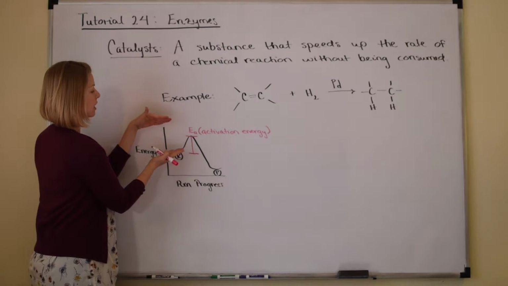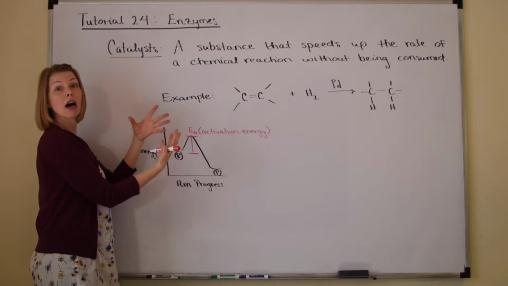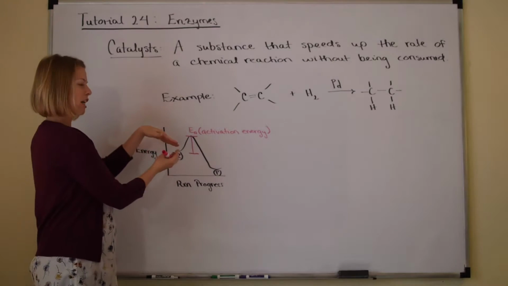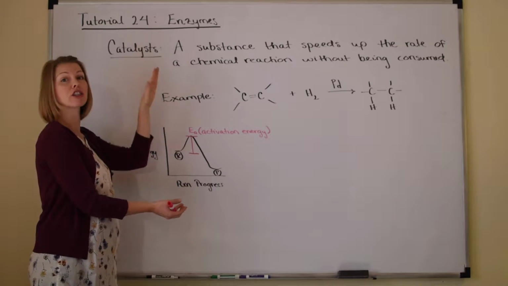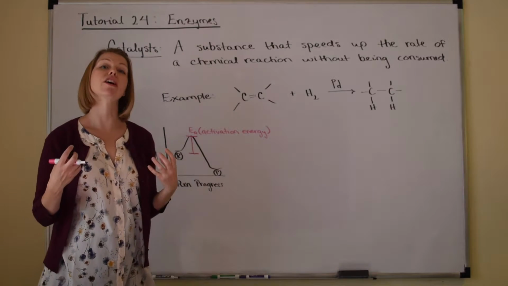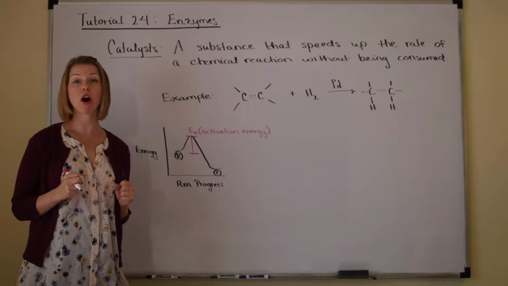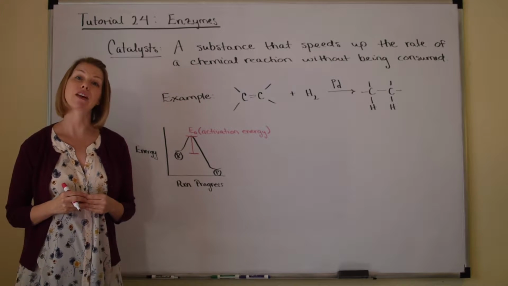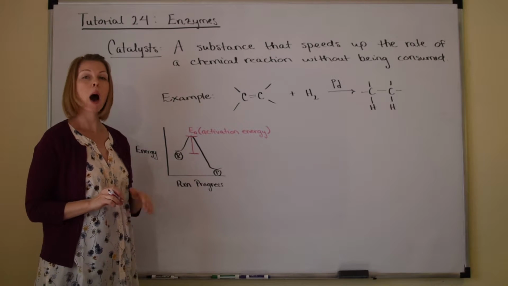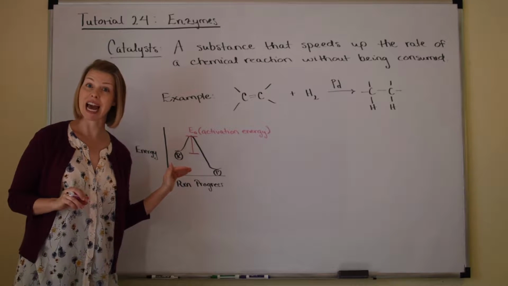We're not specifying how much energy, we're just saying every reaction has some amount of energy required in order to proceed. Some reactions have a larger activation energy barrier, some have a smaller activation energy barrier, but every reaction requires some energy input to get old bonds to start to break apart so that those new bonds can form and the reaction can proceed. So a catalyst works by lowering this activation energy barrier for a reaction.